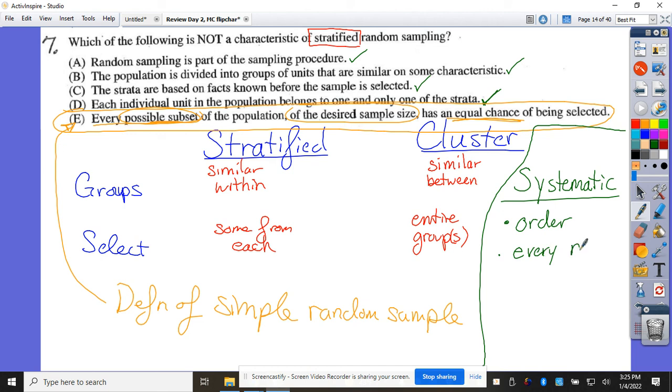Every other, by a certain number. So these are the 4 main sampling techniques. Systematic shows up the least often for our class. Simple random sample is more ideal than the other 2 most of the time. But it's going to ask you more specific questions probably about stratified and cluster.